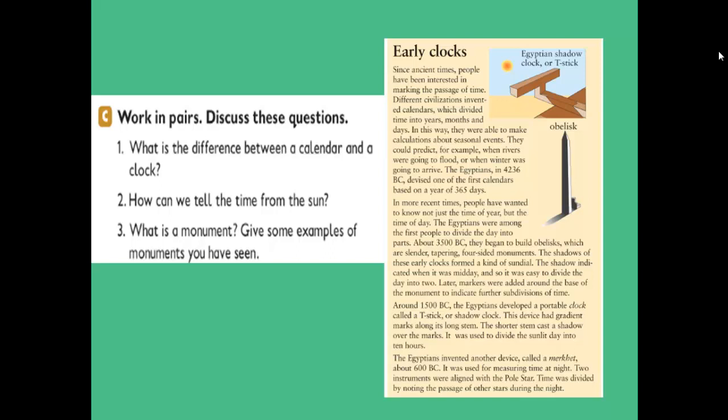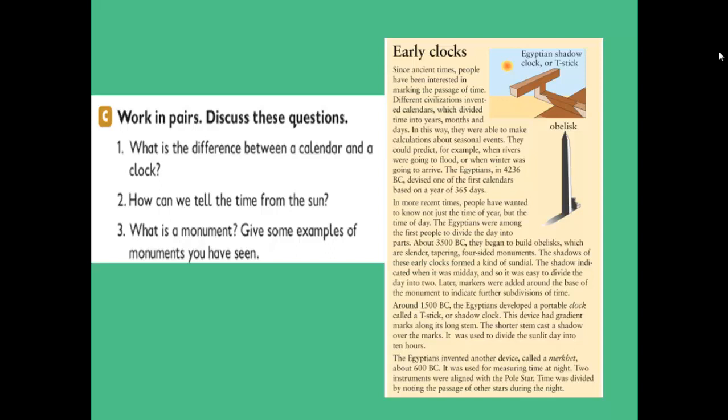Around 1500 BC, the Egyptians developed a portable clock called a T-stick or shadow clock. This device had gradient marks along its long stem. The shorter stem cast a shadow over the marks. It was used to divide the sunlit day into 10 hours.